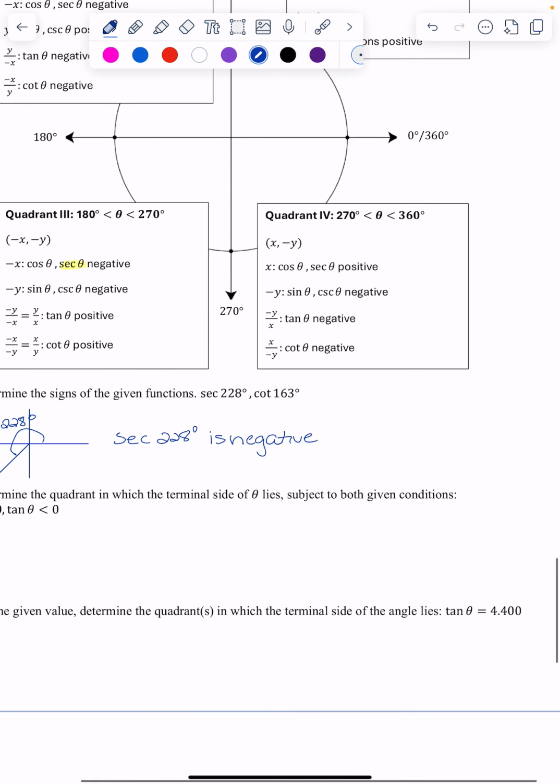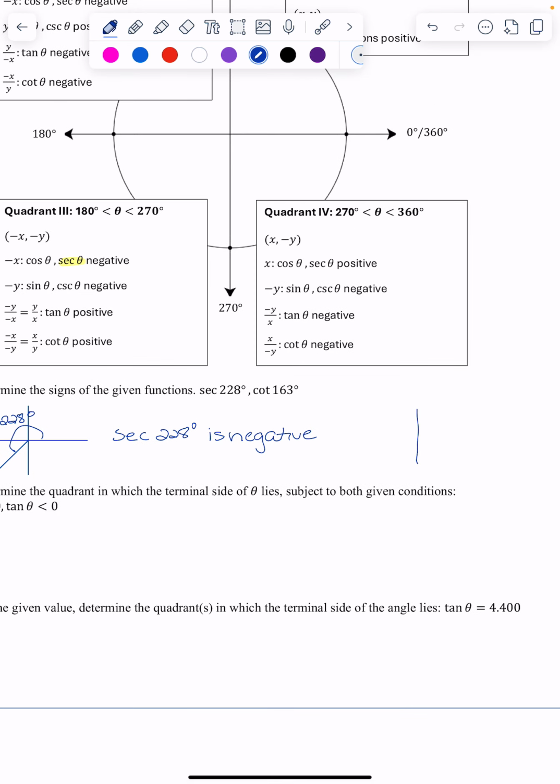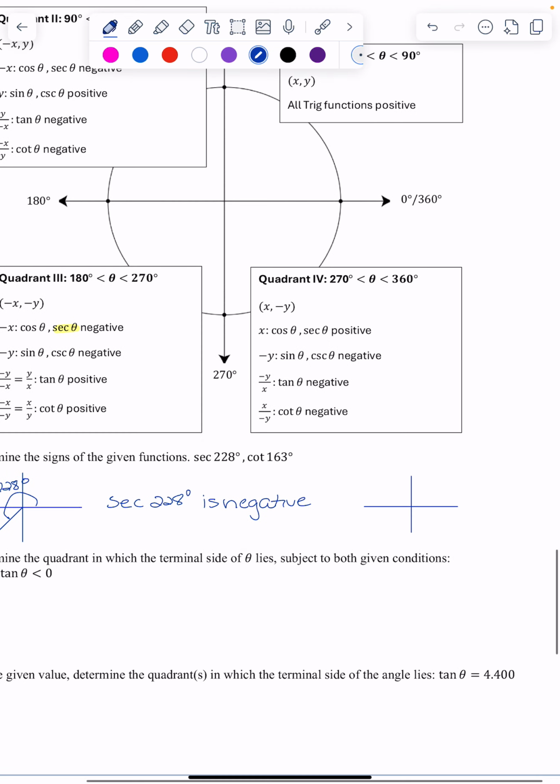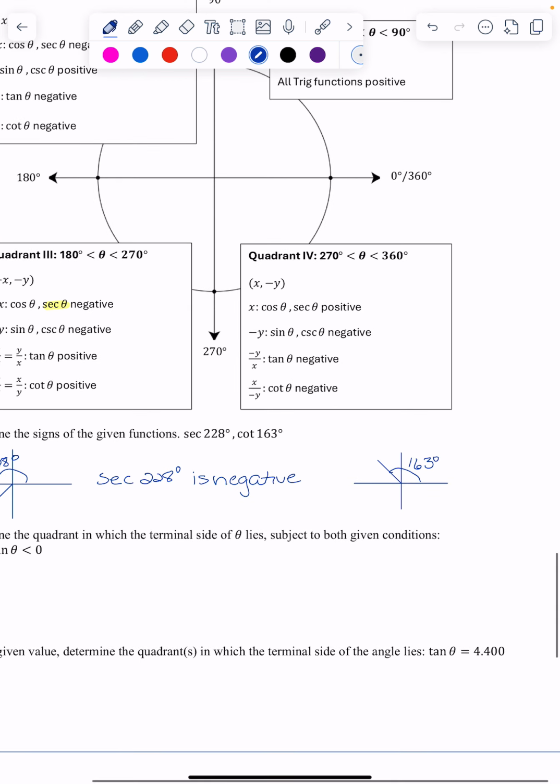All right. If I'm looking at cotangent of 163, let's draw another one. 163 is between 90 and 180, so I'm somewhere over here. This is 163 degrees, right? That puts me into Q2.